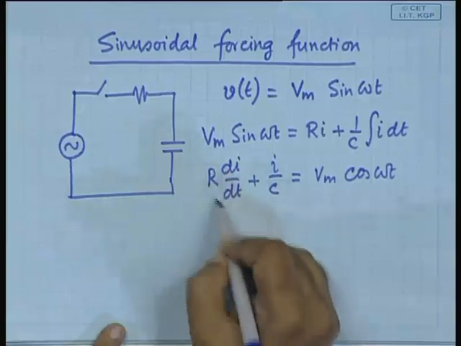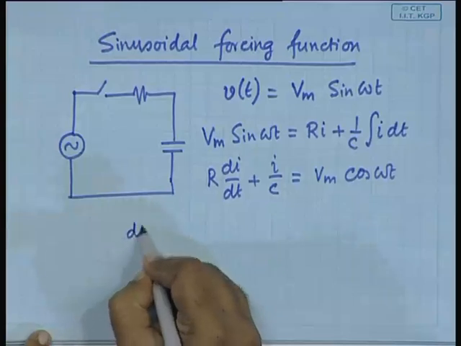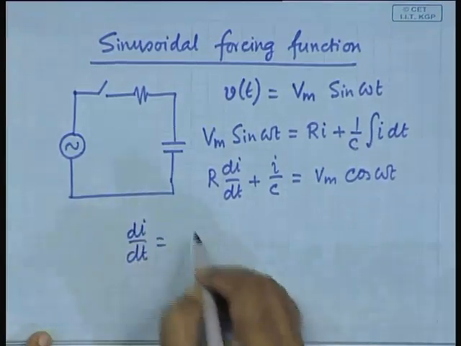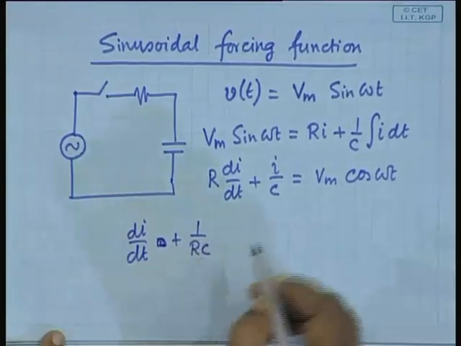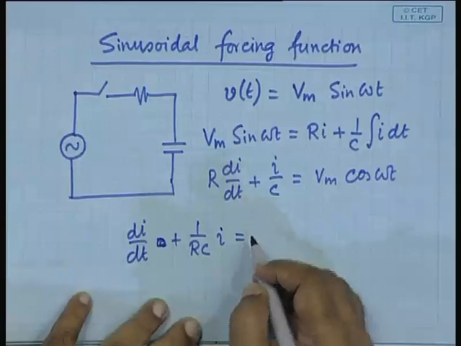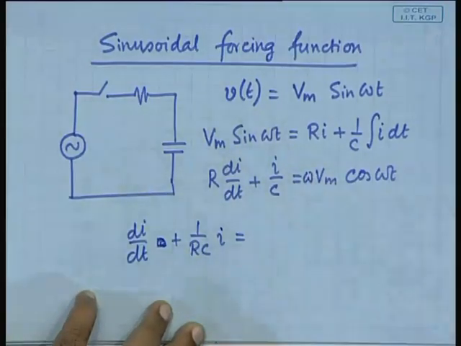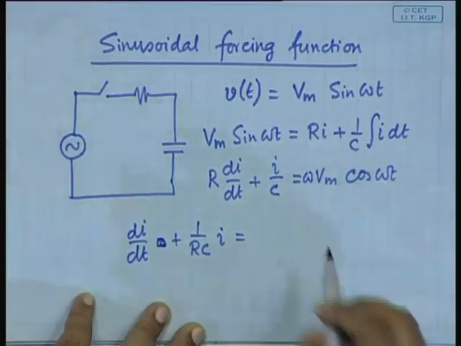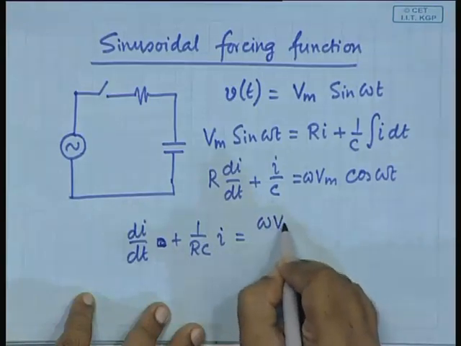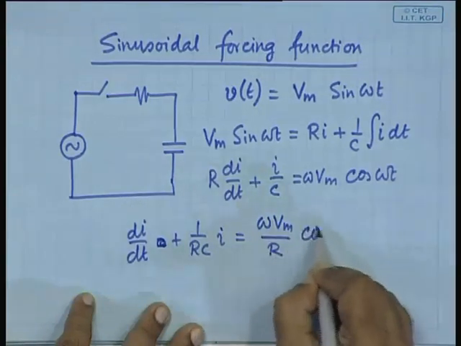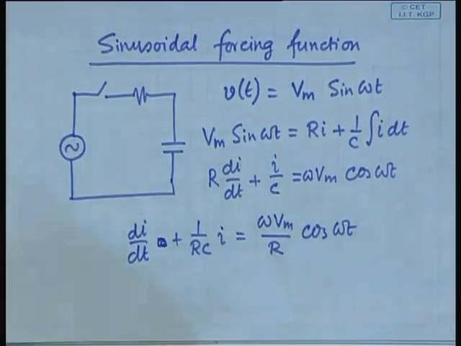In order to write this without this R, we divide both sides by R. You have di/dt plus 1 by R C times I is equal to omega V m by R cos omega t. So, this is the equation.